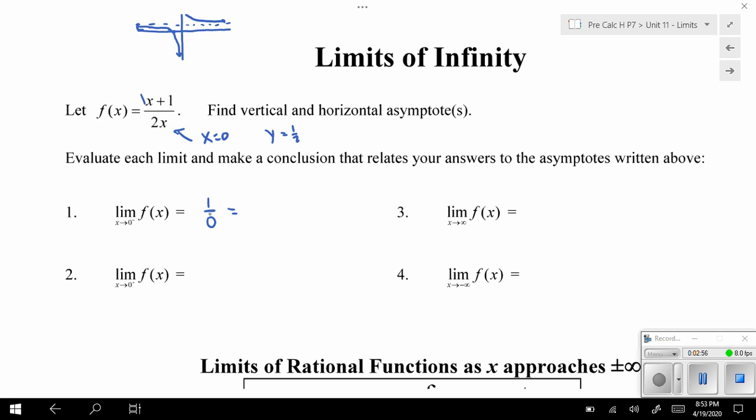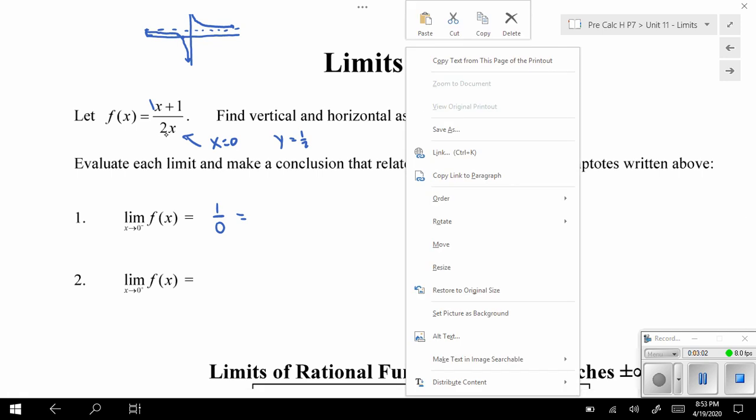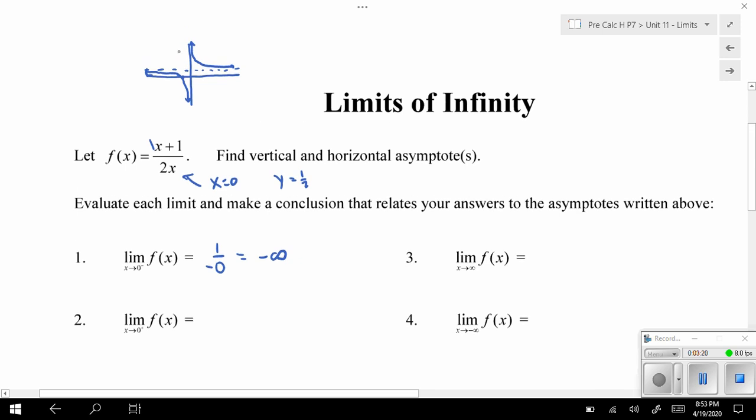But if I'm approaching 0 from the left side, that would imply that if I think about plugging in a negative number, something to the left of 0, it's going to be negative. So it's almost as if this denominator is a negative 0, which implies that a positive over a negative is going to go to negative infinity. And you can see it verified by this picture right up here.